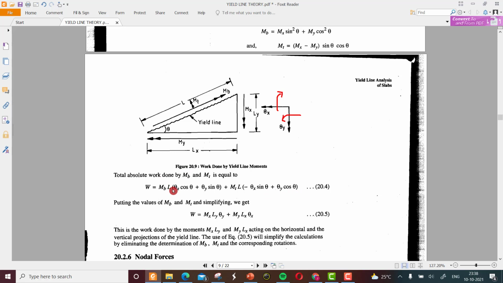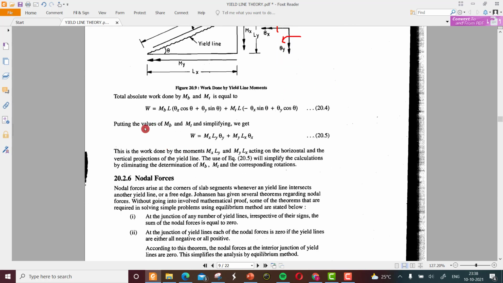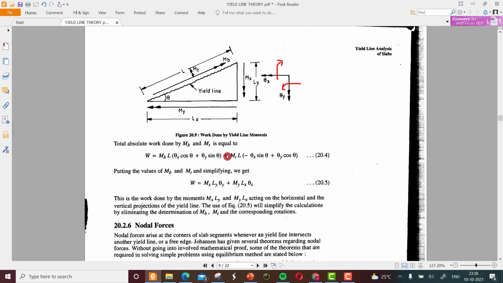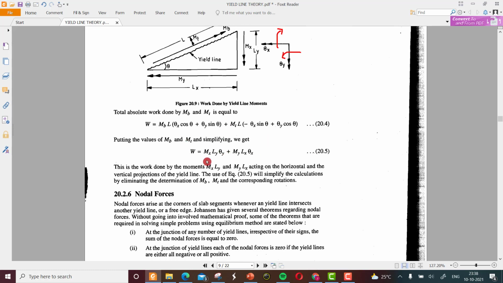By equating equation 20.4 and the previous equations, by putting the values of Mb and Mt that we obtained here into this equation, and after simplifying, we will get W, the collapse load, equal to Mx into Ly into theta y plus My into Lx into theta x.